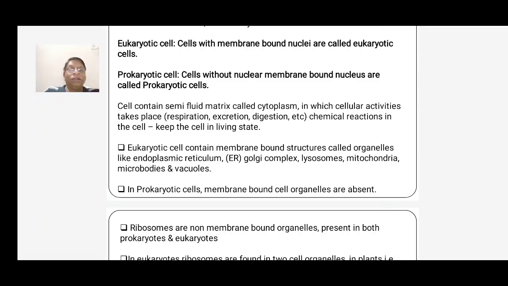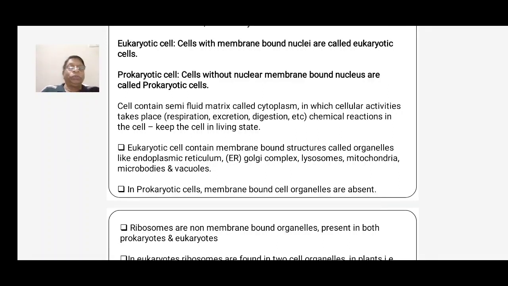The cell organelles like Golgi complex, endoplasmic reticulum, mitochondria, in case of plant, plastids are absent. Okay, note the difference also.